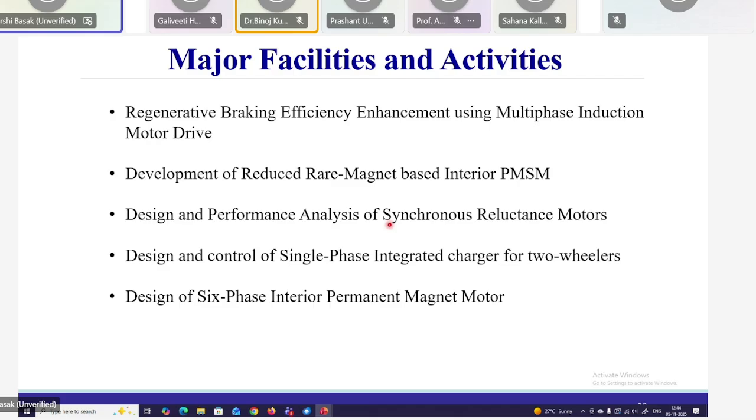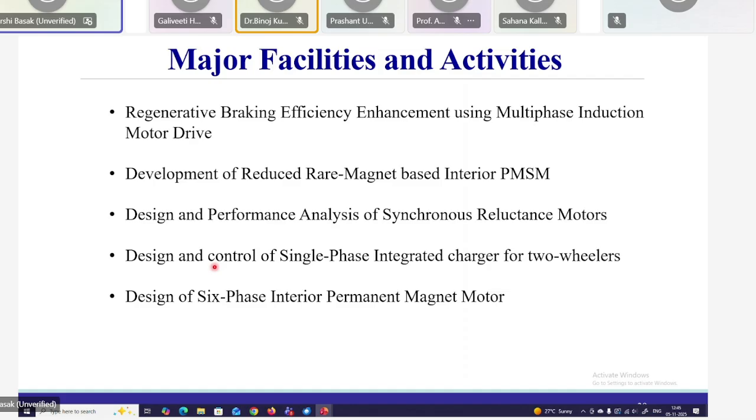We are also working on an integrated charger, where the filter inductances of the charger are realized with the help of the motor winding inductance. That is called the integrated charger. We try to reutilize a portion of the powertrain and use it for charging the vehicle as well.